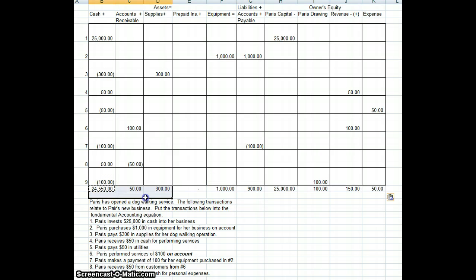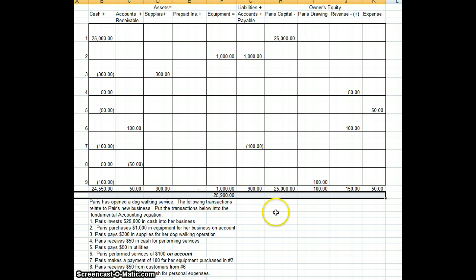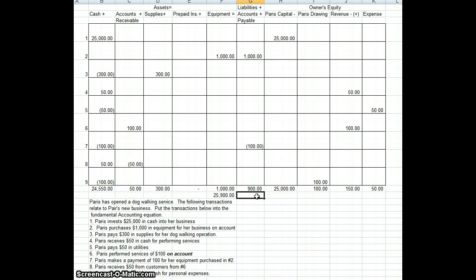So let's add those up. If we add those up, we should get 25,900. So I'll put 25,900 below us right here. We'll add some commas in there to make sure that we are seeing everything the way we should on the screen. And we're going to go to the liabilities and owner's equity section.